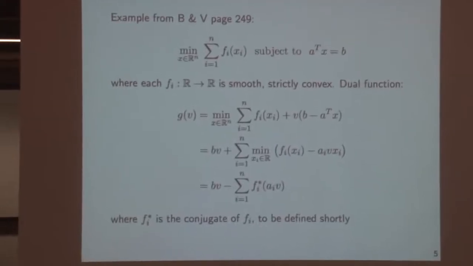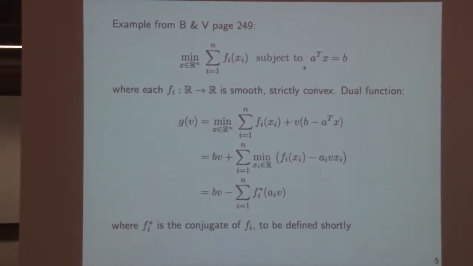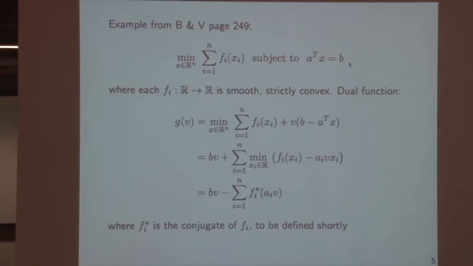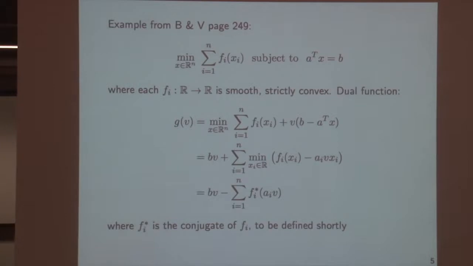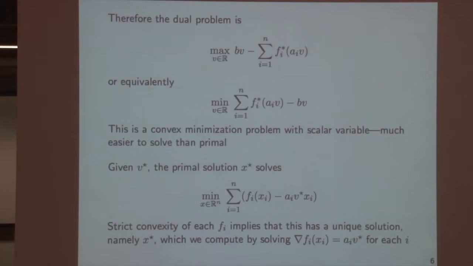We can think of the criterion here as a sum of two things: this part and an indicator that tells us that A transpose x equals b. We've essentially moved the linear transformation from the indicator up into the part involving f. It's our first example of something called dual decomposition.